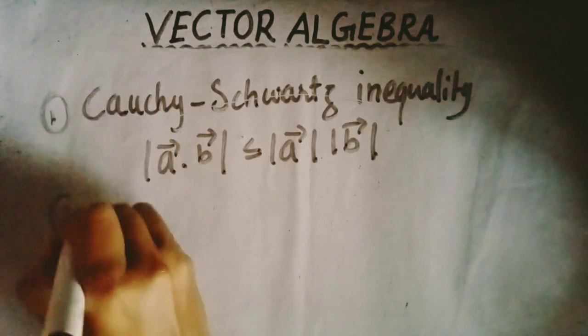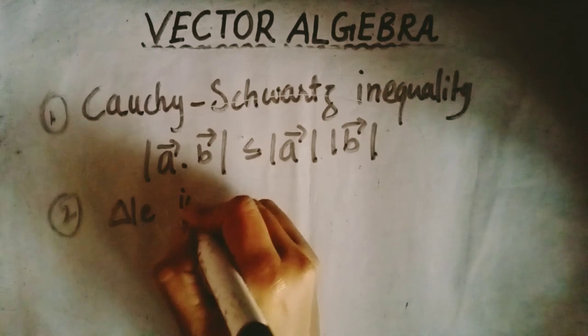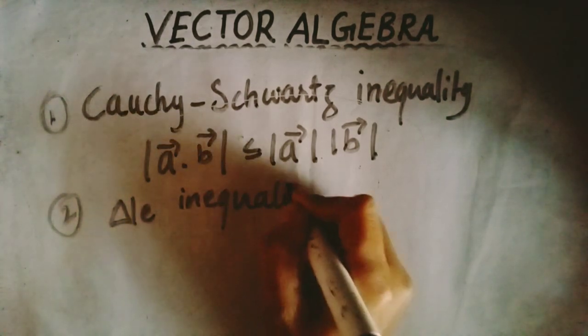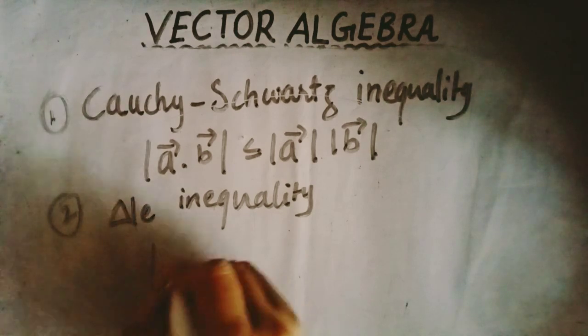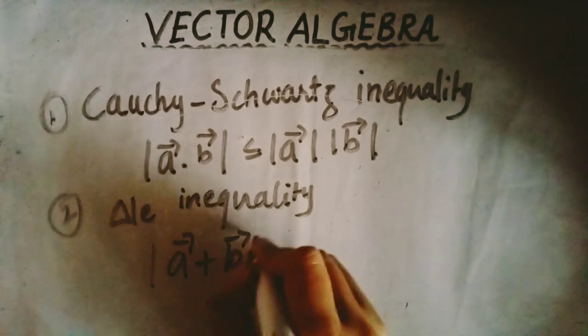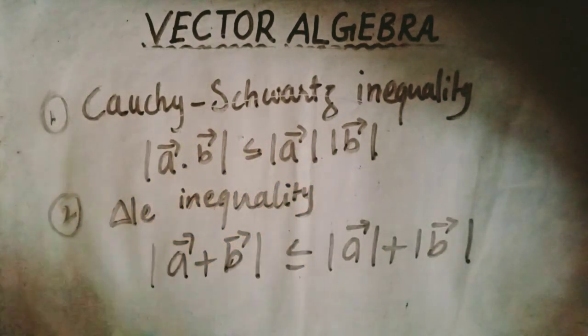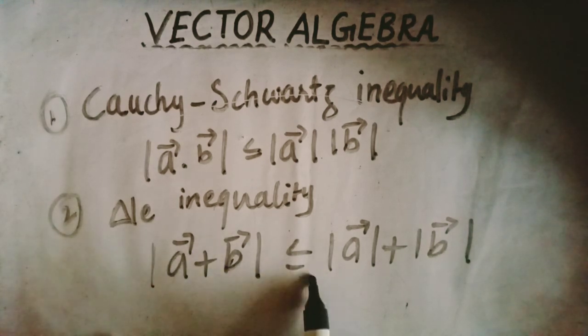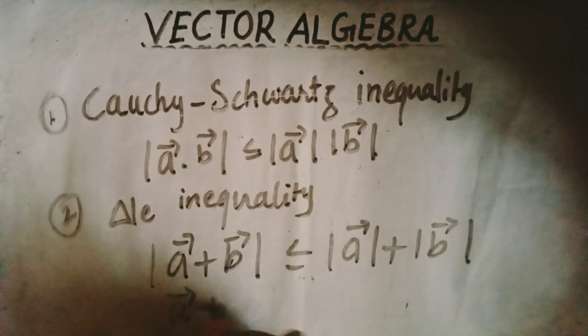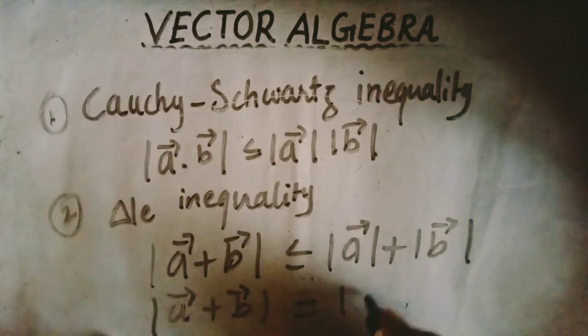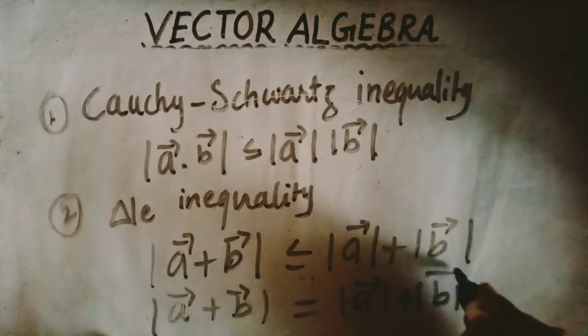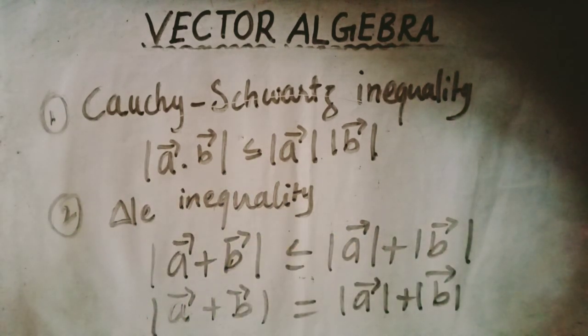Then second is triangle inequality, that is mod of a plus b less than or equal to mod of a plus mod of b. Okay, so using the equality here, mod of a plus b equals mod of a plus mod of b, we can show that the points A, B, C are collinear.